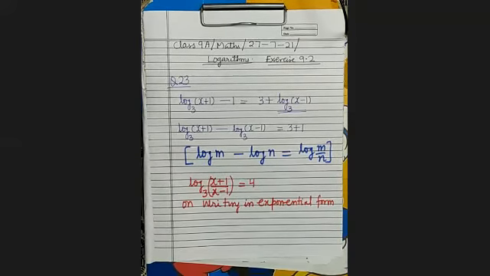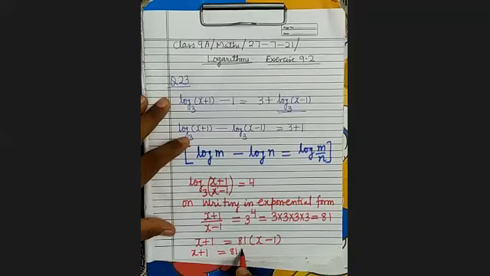3 to the power 4 means 3 you will multiply how many times? 4 times. It is 81. So what will be x plus 1? It is 81 into x minus 1. So on simplifying, it will be x plus 1 equals to 81x minus 81.